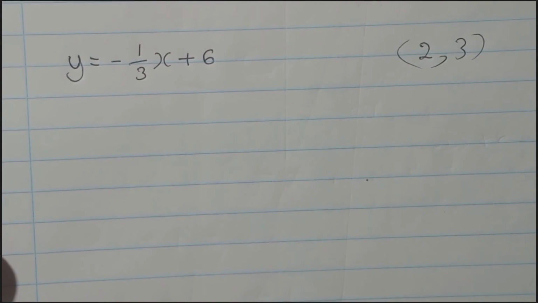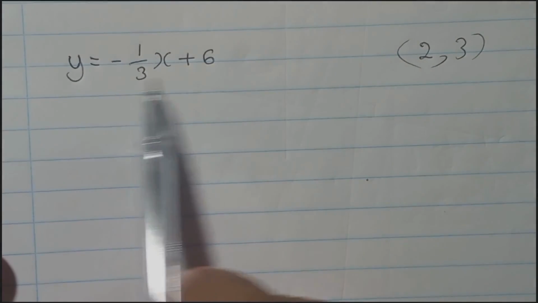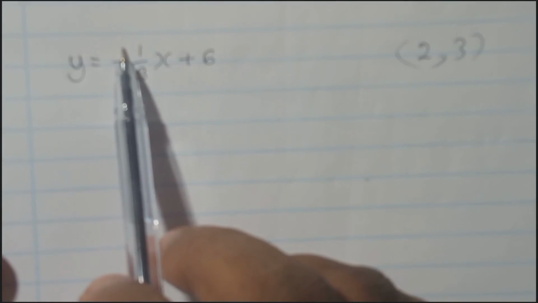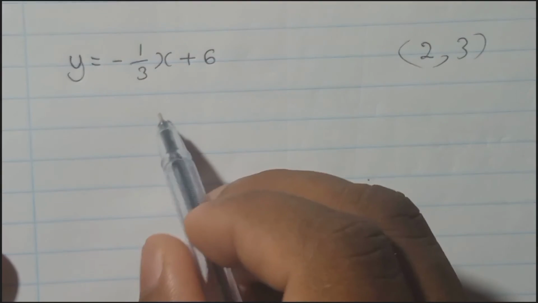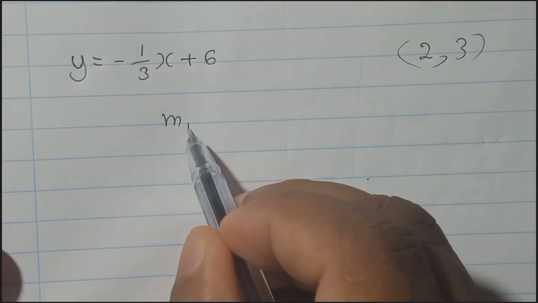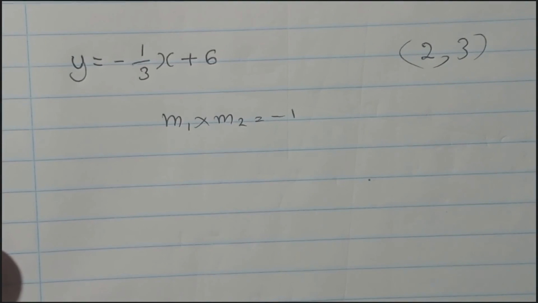We know how to get it with the previous method, but now they tell us line S is perpendicular to this one. That's why this gradient multiplied with line S's gradient must be equal to minus 1. So we will use that formula: m1 times m2 must be equal to minus 1.